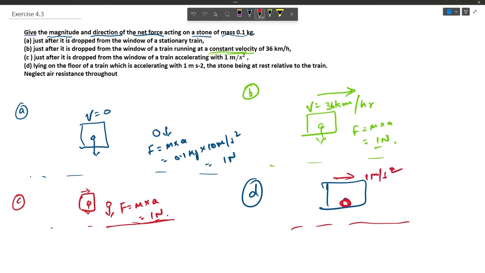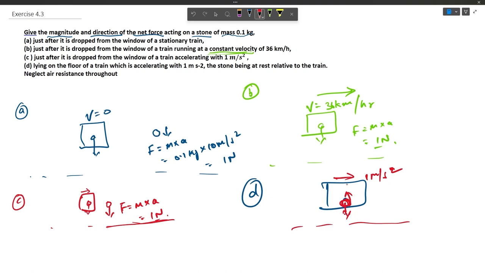As the stone is at rest on the floor of the train, even though the force of gravity is acting in the downward direction, there is also a reaction force acting in the upward direction, keeping the stone at rest, equal in magnitude and opposite in direction to the force of gravity. So these two forces cancel out this time.